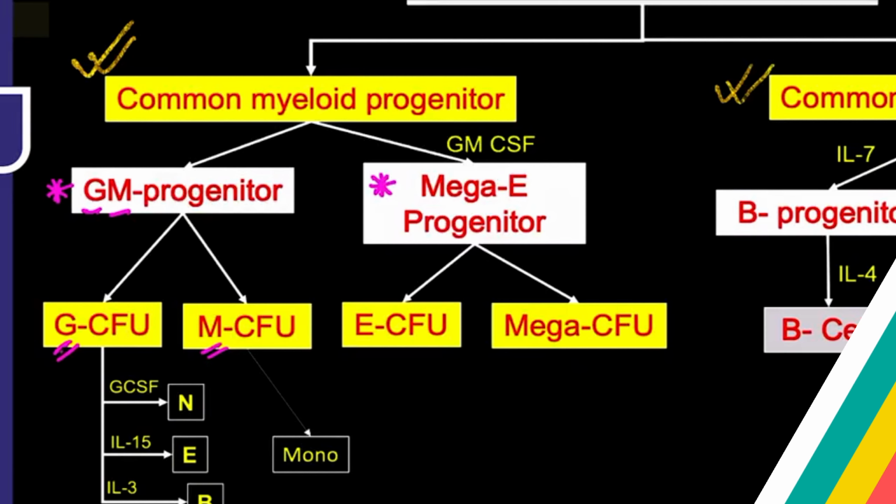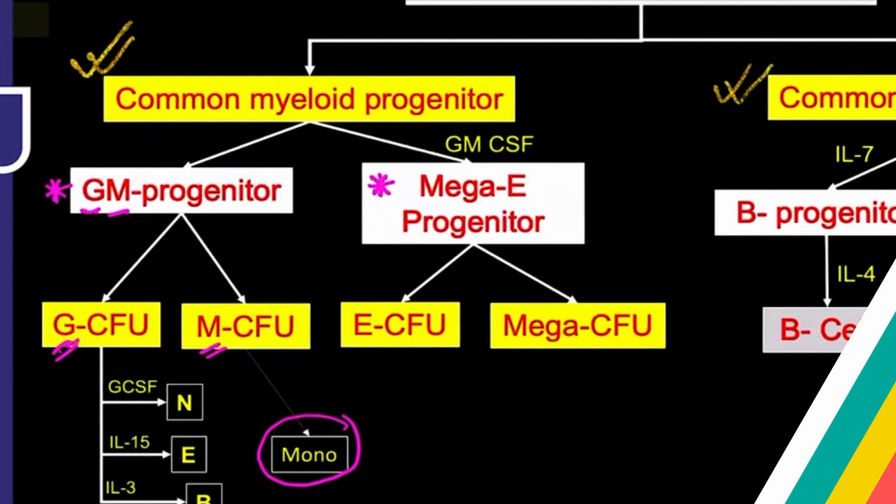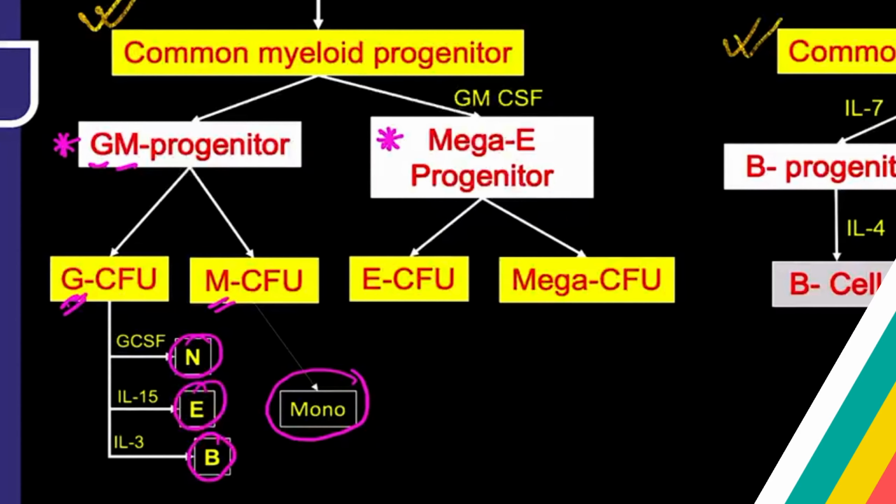So the granulocyte colony forming unit and monocyte colony forming unit ultimately give rise to the mature monocyte, which comes from the monocyte CFU. And from the granulocyte colony forming unit, we all know the granulocytes in our blood: neutrophil, eosinophil and basophil.